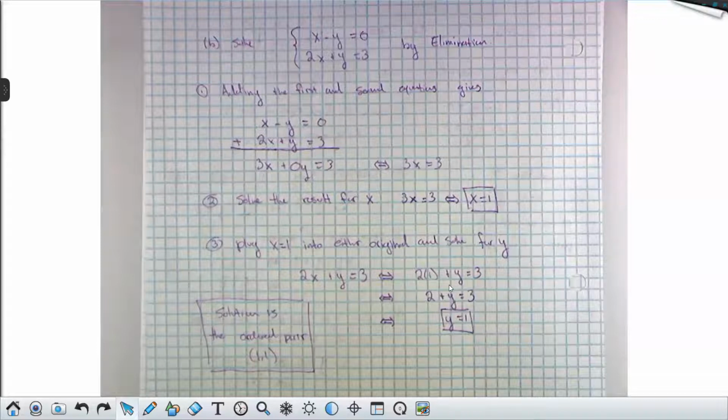Give me a thumbs up react or a nod in the chat, something. Let me know if this is your first time seeing the method of elimination. College algebra was the first time I saw this too. Okay.